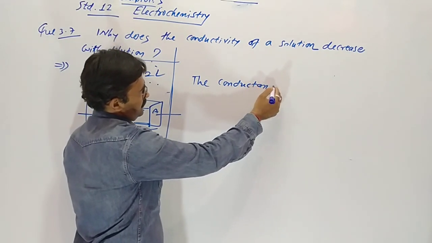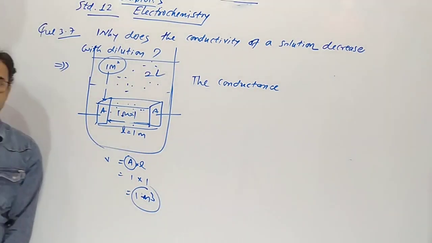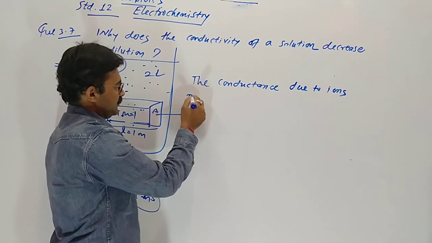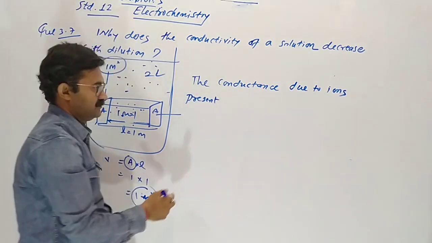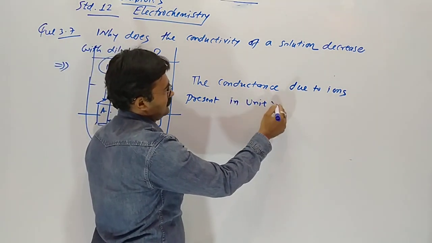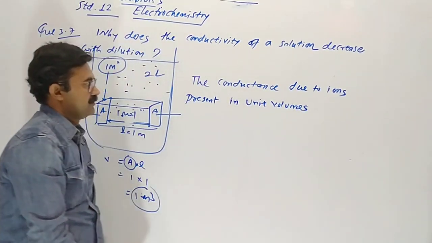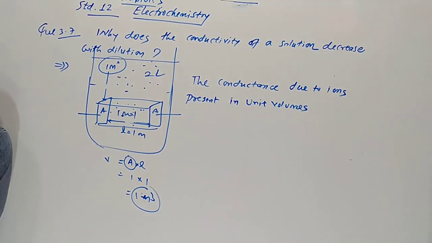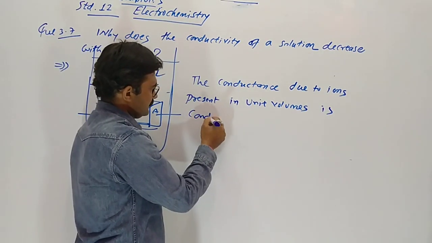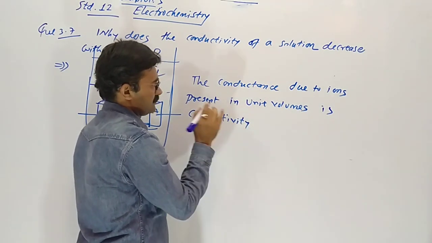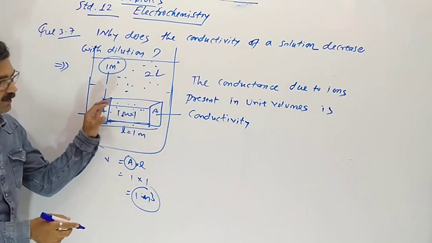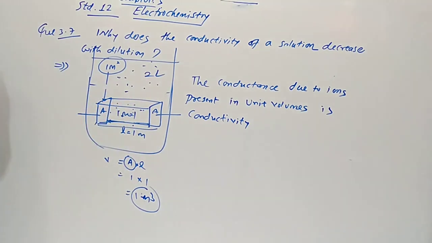The conductance due to ions present in unit volume is the conductivity. In unit volume, how many ions are present? That is conductivity.